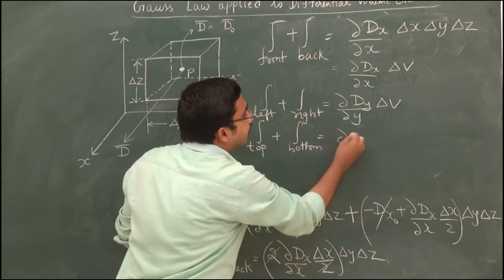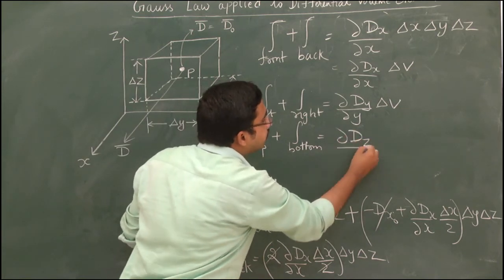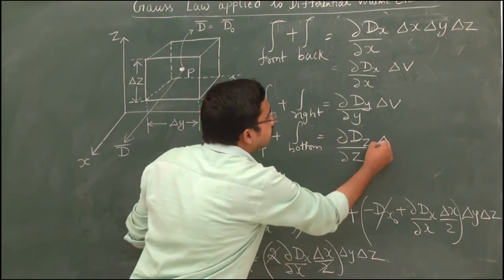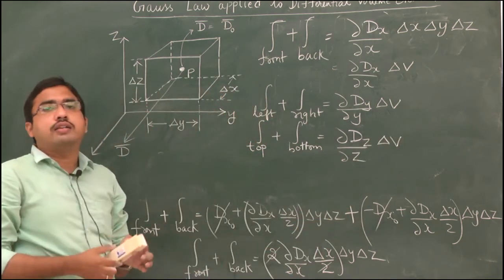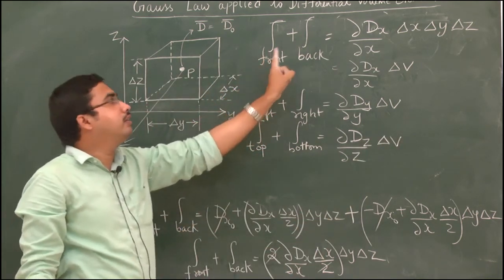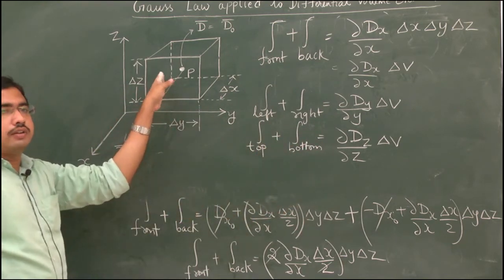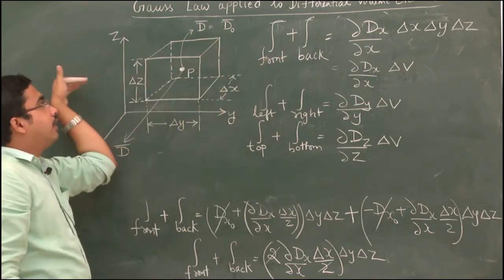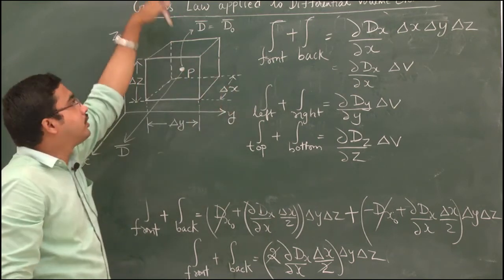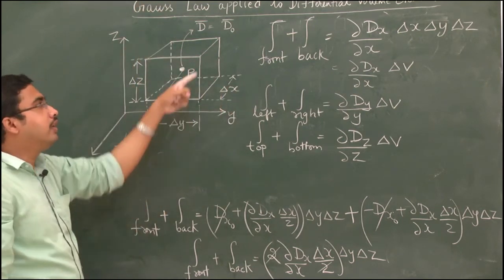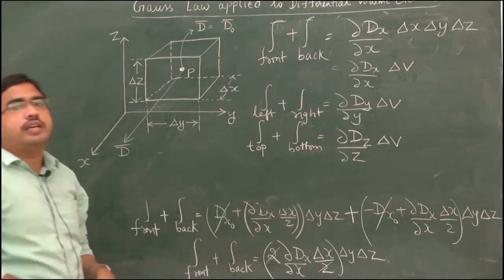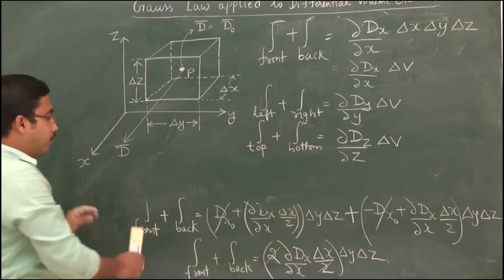That's why we can finally write it as ∂Dz/∂z into Δv. So a total of 6 integrals are completed: front, back, left, right, top, bottom. Okay, if you add all those, then we can get the final Gauss law formula.